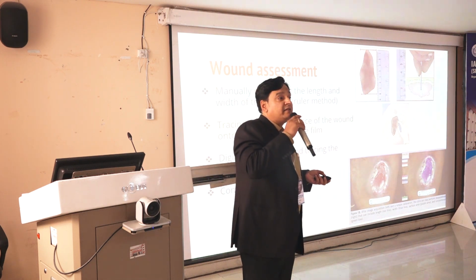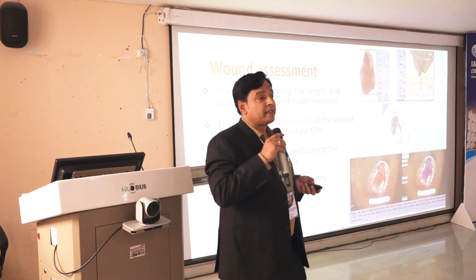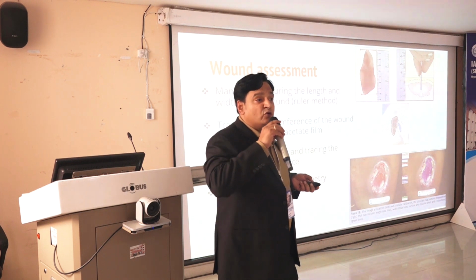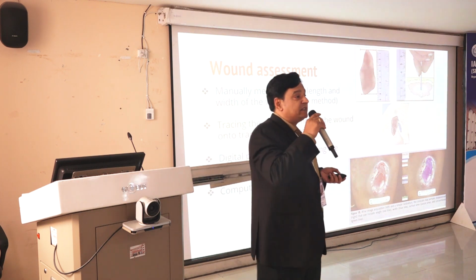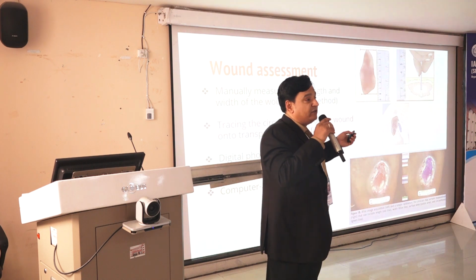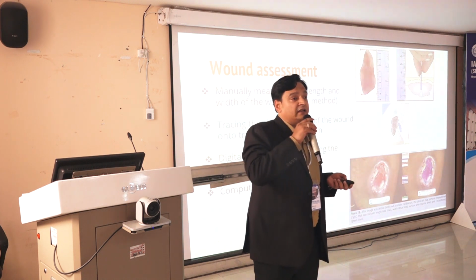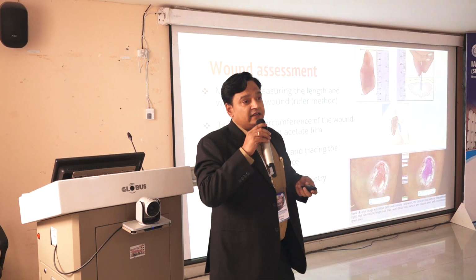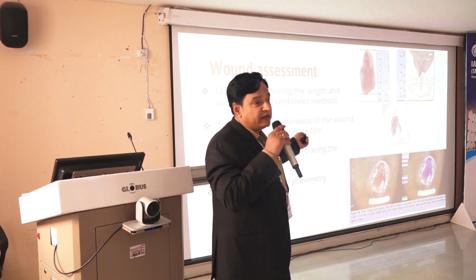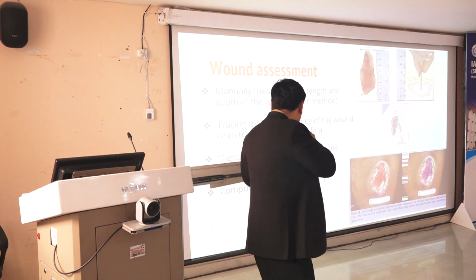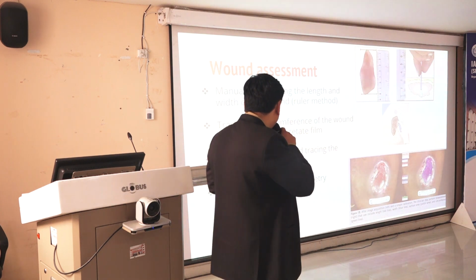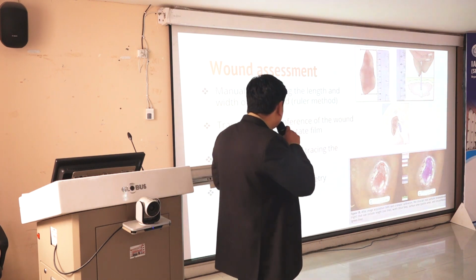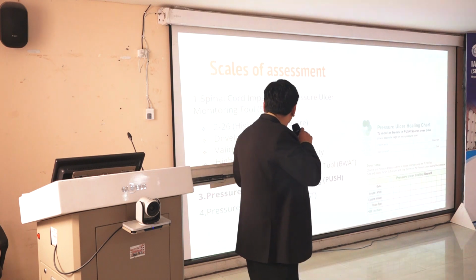Can anybody answer? The most common hospital-acquired infections in pressure ulcers are Pseudomonas and Klebsiella, and having acetate at that place reduces the chances of the wound getting infected. Digital photography, tracing the wound circumference, and computer-assisted planimetry are also there.